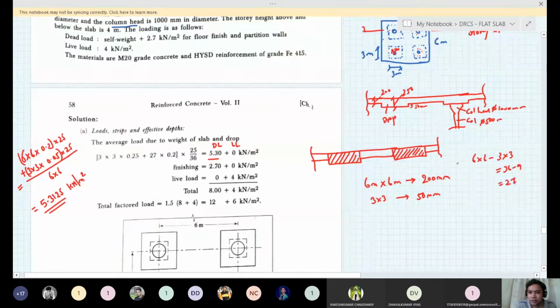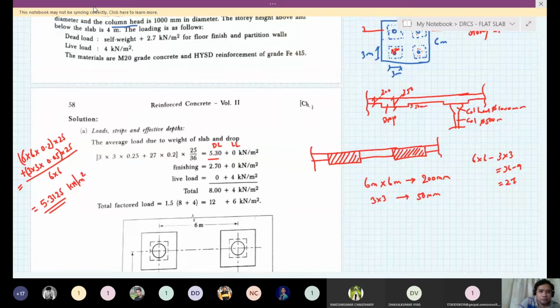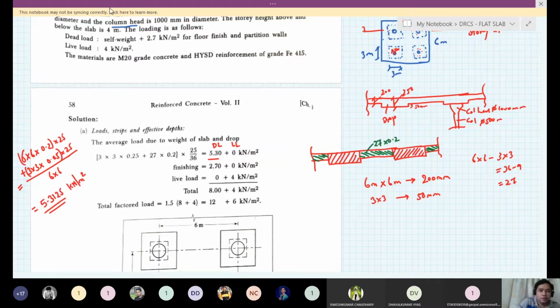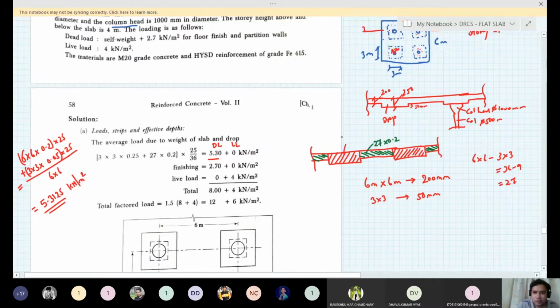The remaining 27 is having a thickness of 200 mm, so this is 27 into 0.2, and the other one is 9 into 0.25. Likewise this is the drop portion, and this is the remaining slab portion.